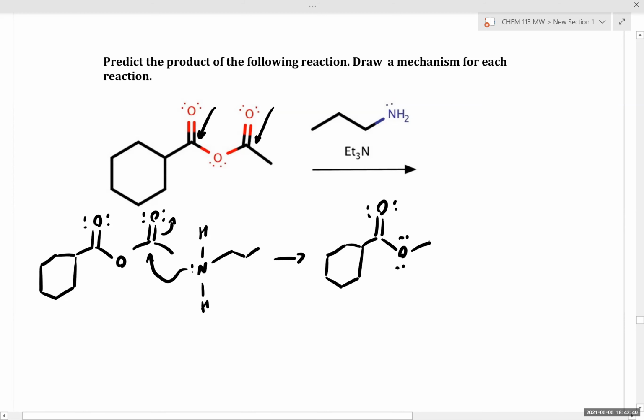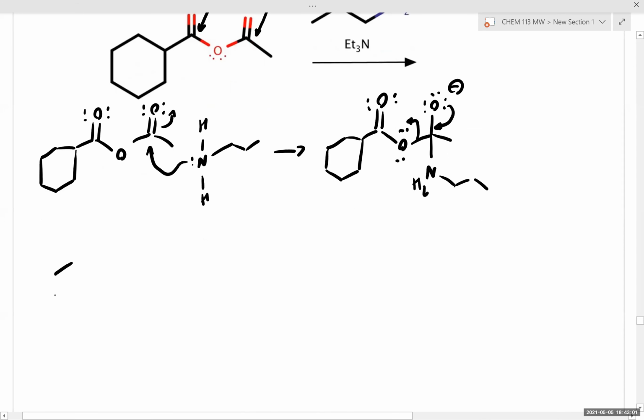Generally, the acetate ion is a wonderful leaving group, and carboxylate ions as well are also great leaving groups in carbonyl substitution reactions. So when this tetrahedral intermediate collapses, we'll kick out our carboxylate leaving group, and that leaves us with our protonated amide product.